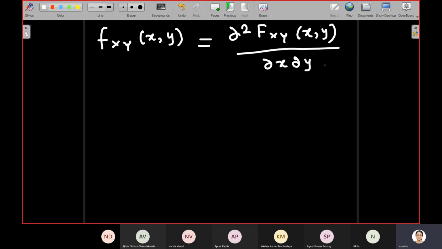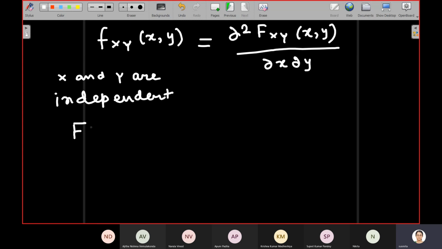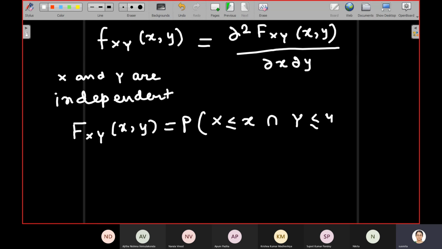Now how about the case when x and y are independent? So let's start with the CDF. We know F_XY(x, y) is the joint probability that X is less than or equal to small x and Y is less than or equal to small y, right?